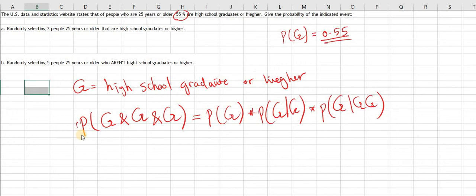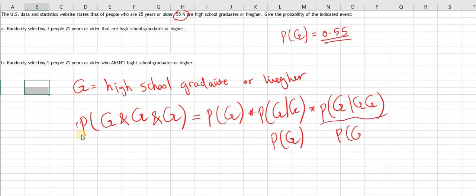In our case, the probability of selecting a high school graduate the second time, given that we selected a high school graduate the first time, is the same as the probability of selecting a high school graduate or higher the first time, which is 55%. Since it's given, we assume independency. Same for this probability here.